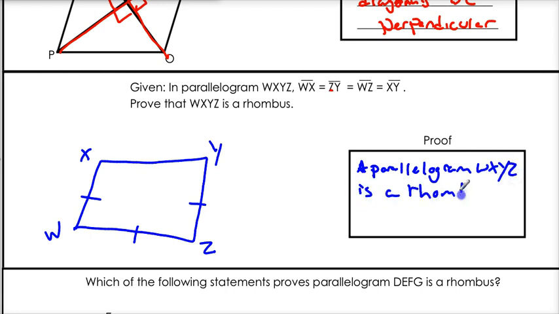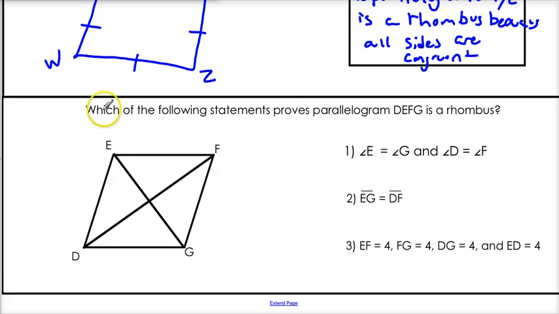Now we have to say what property we used, because all sides are congruent. Nice.